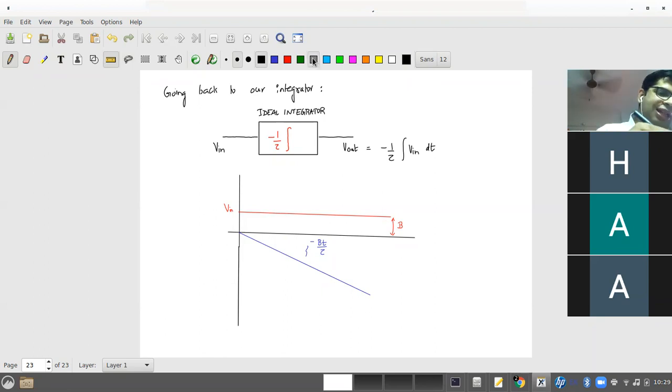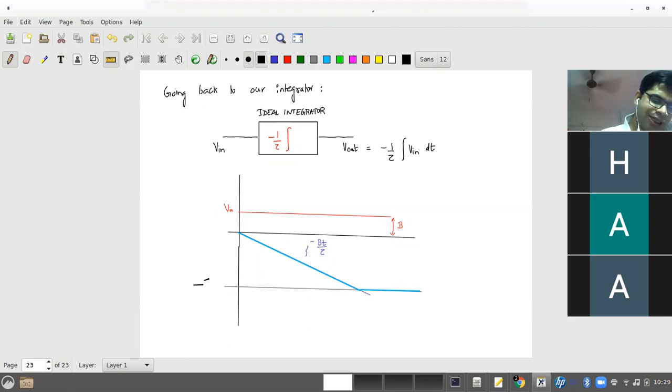Correct. But now, because there is a power supply limitation somewhere, suppose that was my power supply limitation, then effectively the output of the integrator will come until here, and then it will saturate. Do you understand that? Yes.